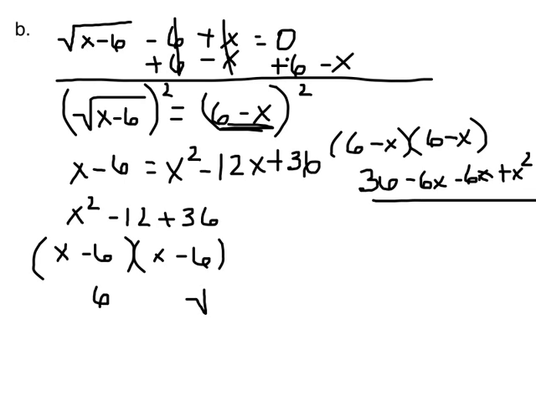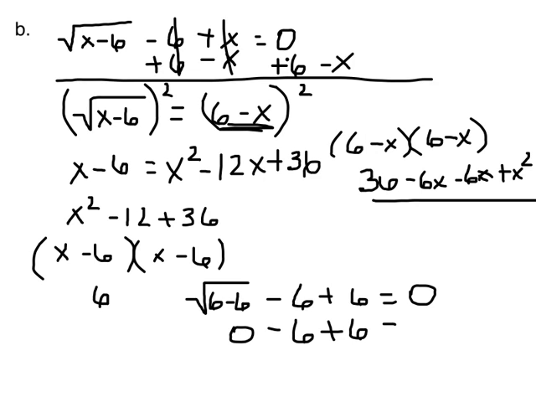The square root of 6 minus 6, minus 6 plus 6 equals 0. Well, 6 minus 6 is 0, so you've got 0 here, minus 6 plus 6 equals 0. 6 minus 6, 0, does indeed equal 0. So 6 is the answer to the entire problem.